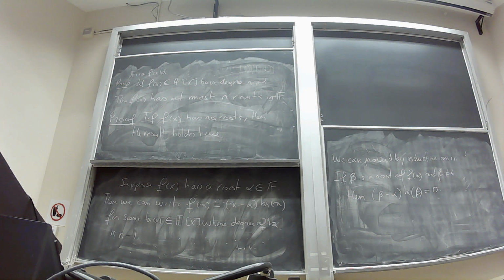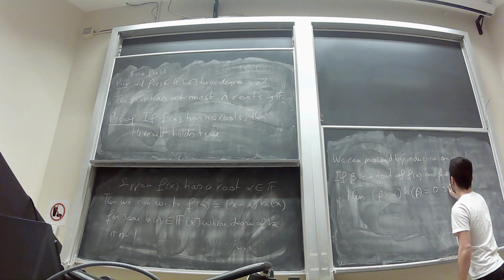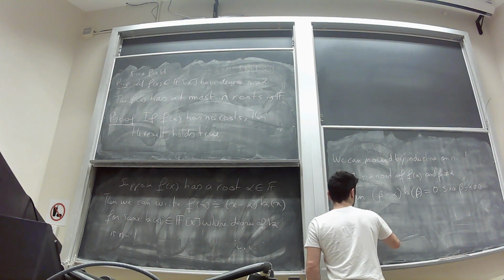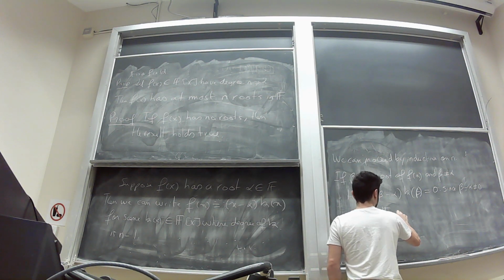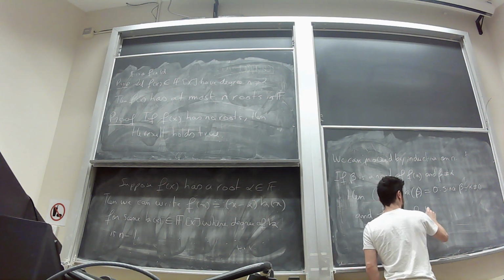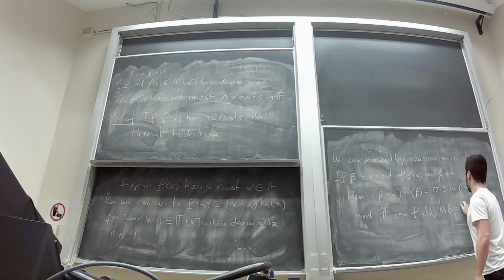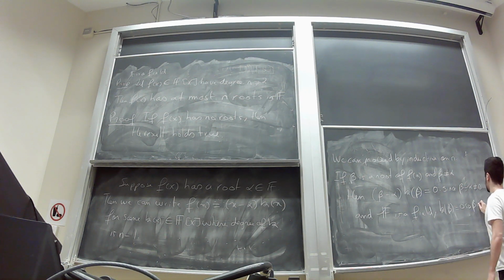Agree? Just plug in f of beta in there. Now, since beta minus alpha is different than 0, and F is a field, then k of beta must be equal to 0. So beta is a root of k.